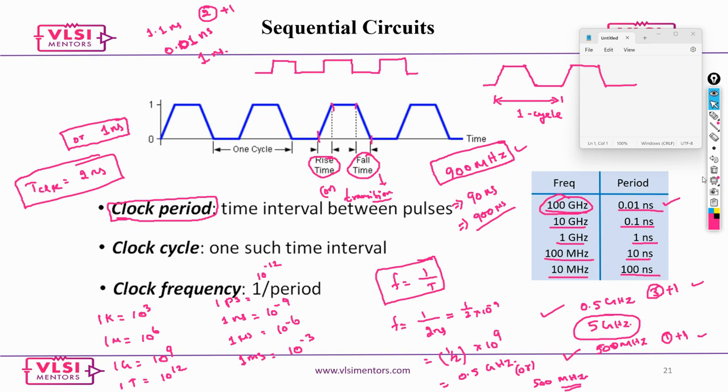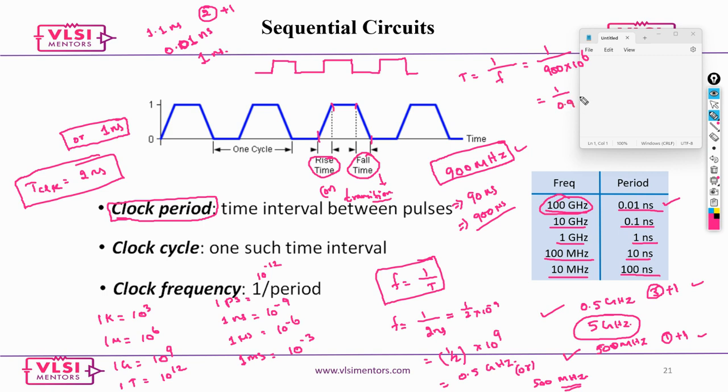Okay, 900 megahertz. So let's just try to solve it. Your T is basically 1 by F, which is 1 by 900 into 10 to the power 6.